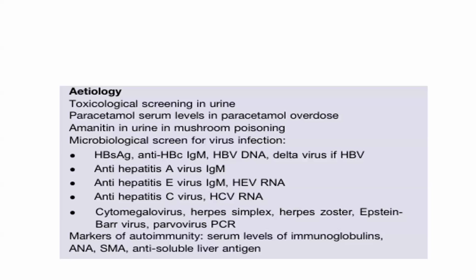Then etiology-specific diagnosis includes, in the urine, paracetamol serum level in paracetamol overdose, amanitin in urine in mushroom poisoning, and microbiological screen for viral infection like HBsAg, anti-HBc IgM, HBV DNA, Delta virus if HBV, anti-hepatitis A virus IgM, anti-hepatitis E virus IgM, and hepatitis E RNA, hepatitis C virus and HCV RNA, cytomegalovirus, herpes simplex, herpes zoster, Epstein-Barr virus, parvovirus PCR.